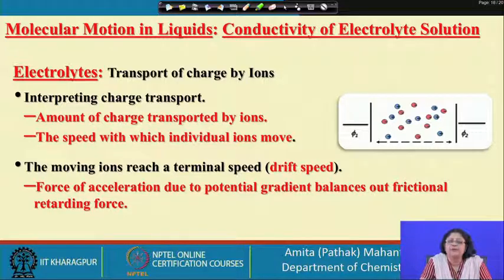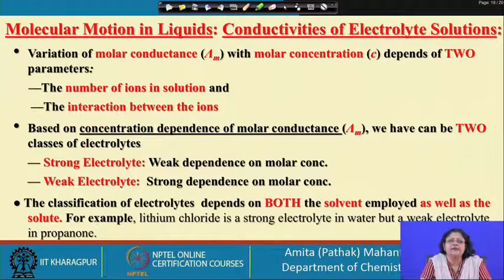So, what are the parameters we had discussed? The concentration, temperature, the nature of the ion, and the nature of the solute and the nature of the solvent. Solute is the electrolyte. Okay. So, before we go into that, we will see how the variation of conductivity exists in terms of the molar conductance.